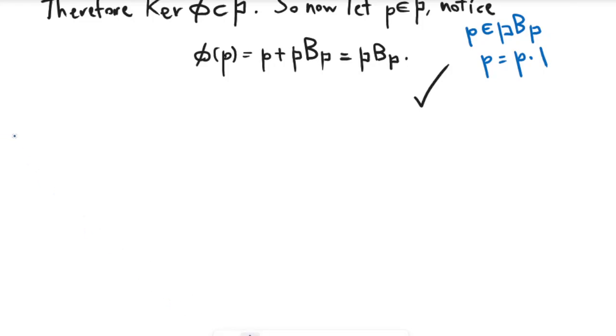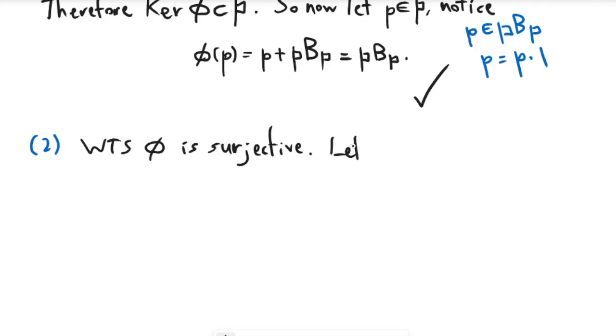And so now the only thing that remains to be shown is that phi is surjective. Okay, so now we want to let R over S plus pBp be an arbitrary element of this quotient.